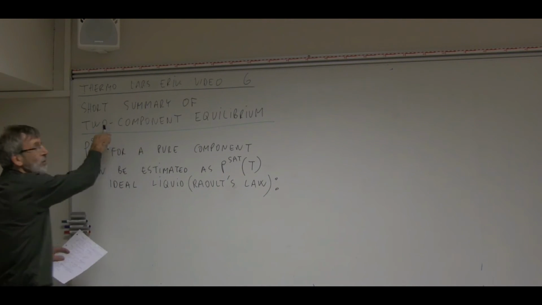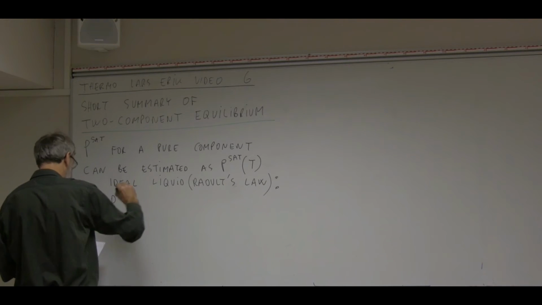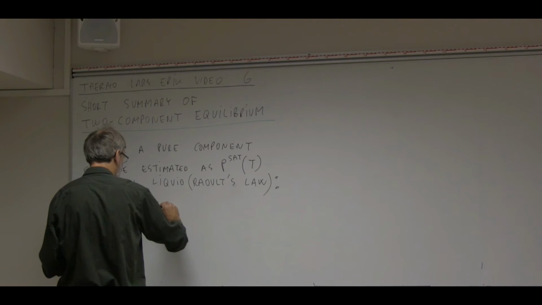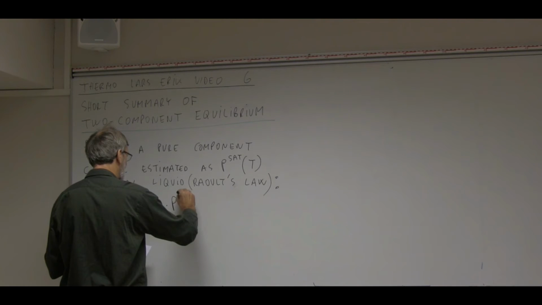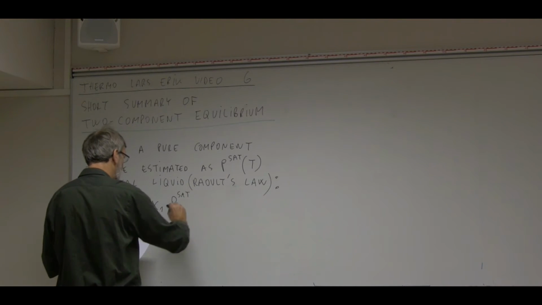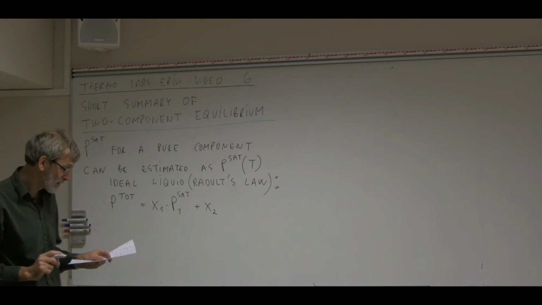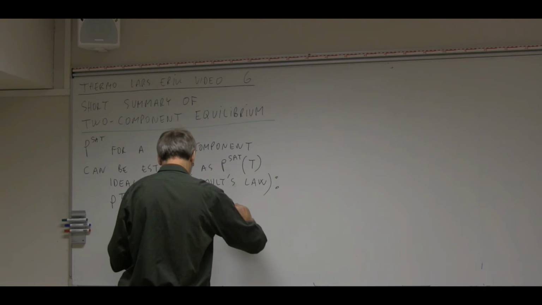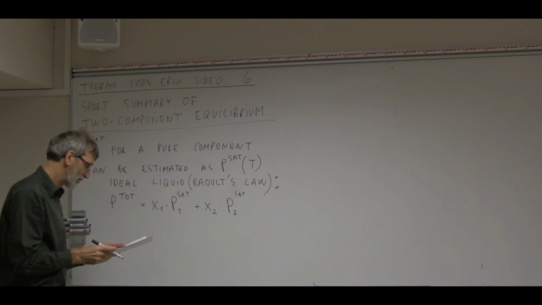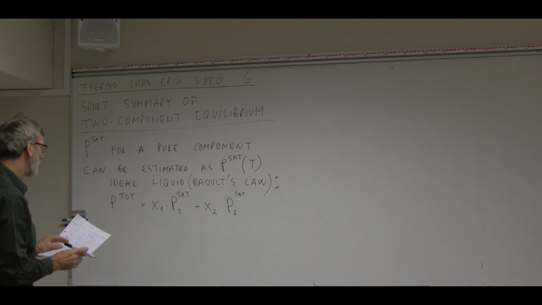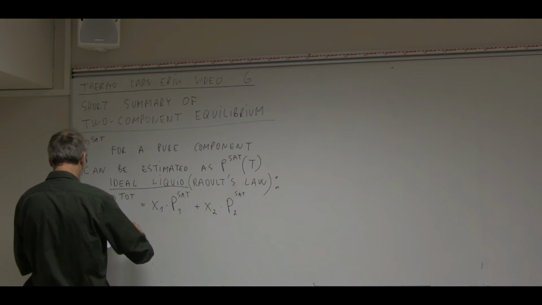And for a two-component equilibrium, it says that the total pressure is the mole fraction of the first component times the saturation pressure of the first component plus the mole fraction of the second component times the saturation pressure of the second component. And that is ideal liquid.